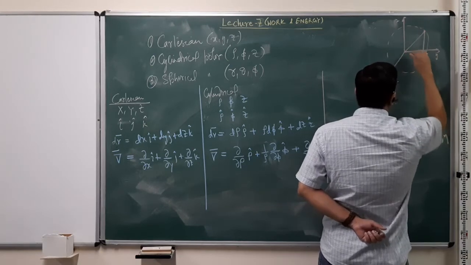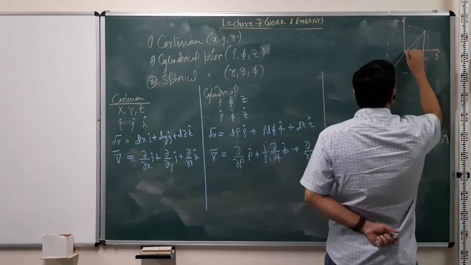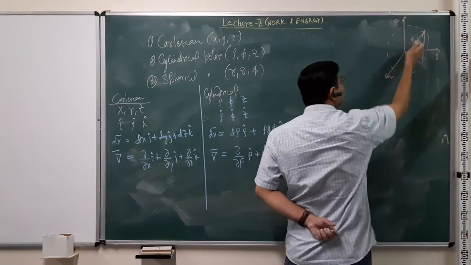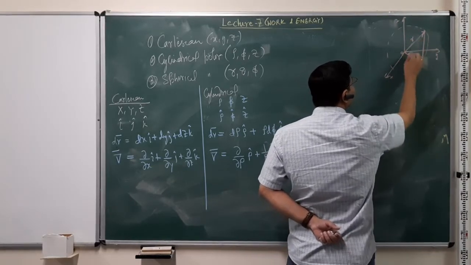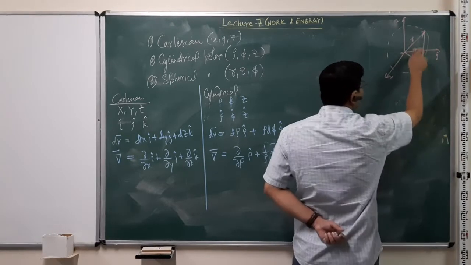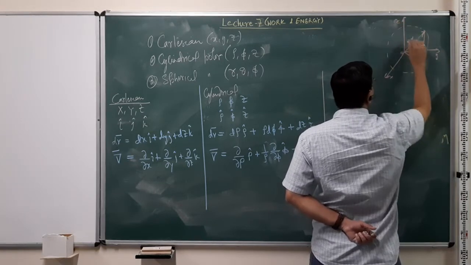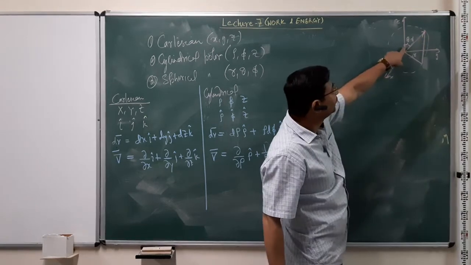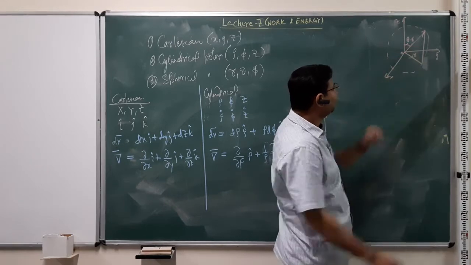So again, take a projection on the xy plane. Now, if this is the point, then the radial distance from the origin to the point is r. The angle it makes with the z direction is theta, and see the direction in which I am taking that angle, right? So now it's going clockwise is theta.